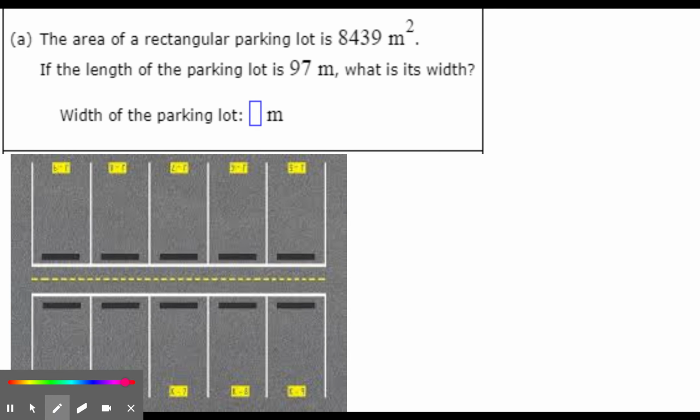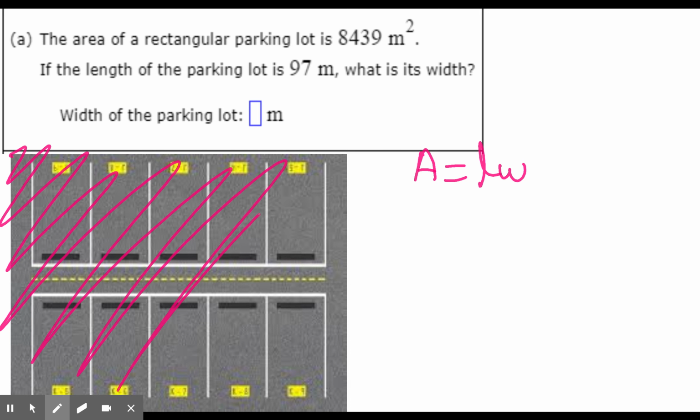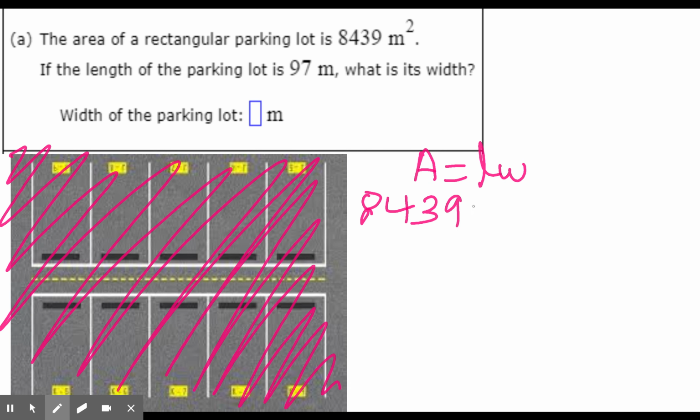So I set up my problem again. Area is equal to length times width. The area of this rectangular parking lot, meaning all of the space inside of the parking lot, is equal to 8,439 meters squared, and the length is equal to 97 times the width.